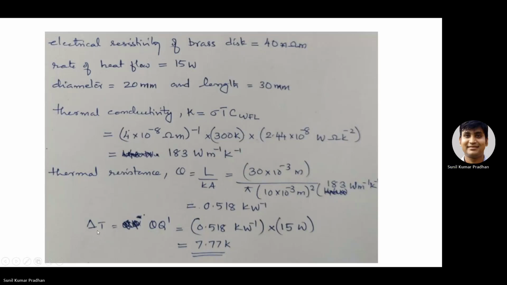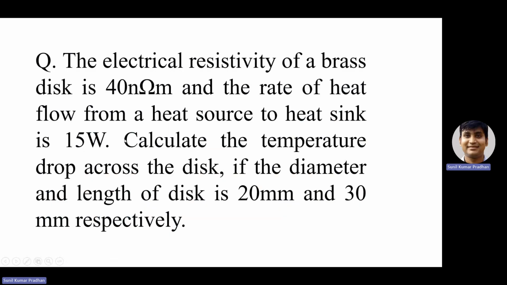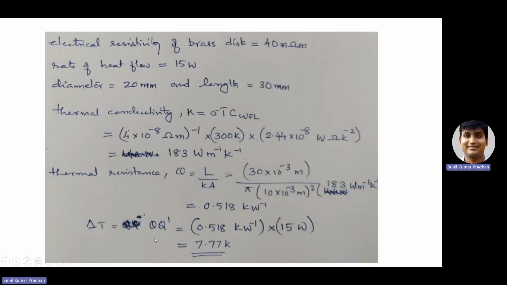Okay. Now the question is, what is the temperature drop? The temperature drop is your 0.518 Kelvin per watt into 15 watt, because this one we get from the thermal resistance.